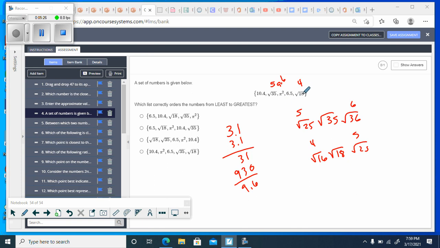Let's see, the square root of 18 would come first. I've only got one of those, the square root of 18. Then it says the square root of 35, which is 5 point something. Let's see. Yep. 6.5 and the 9 point something, the 10.4. Right there.